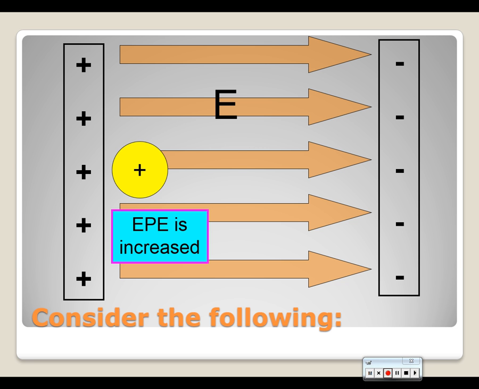So we've increased the electric potential energy because we moved this yellow object, which has a positive charge, against the field. If we let it go, what's going to happen? Well, it's going to go to the right.